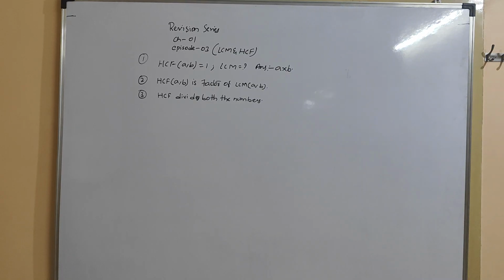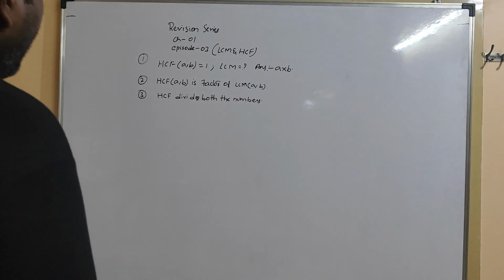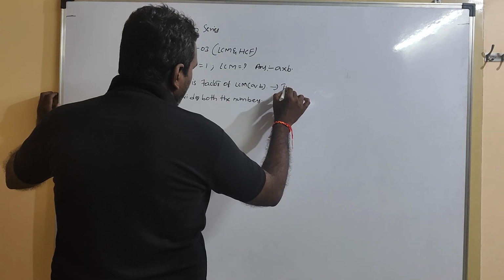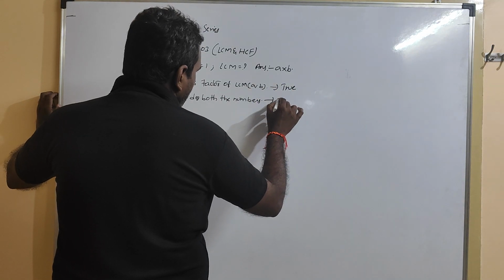And the second question: HCF of A comma B is a factor of LCM of A comma B. Is it true or false? If you don't know, take any numbers for A and B and check. The answer is true.